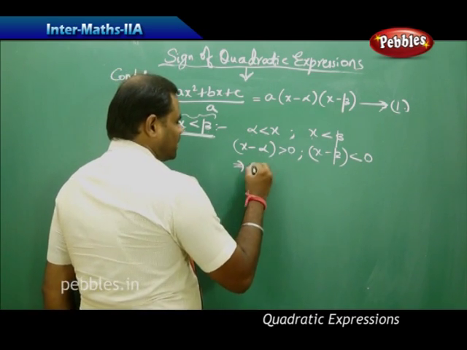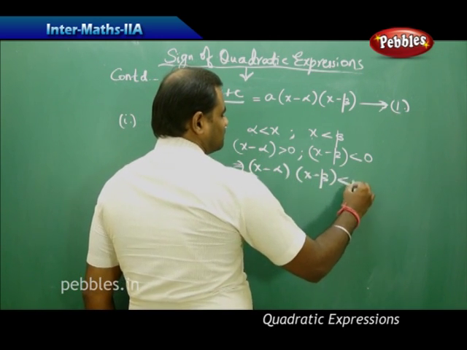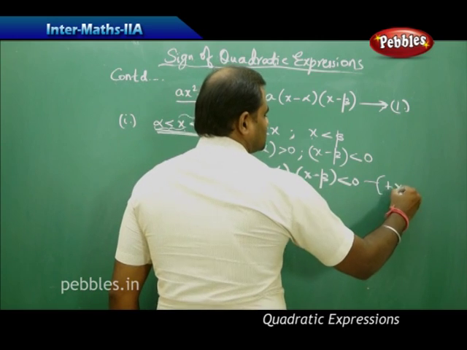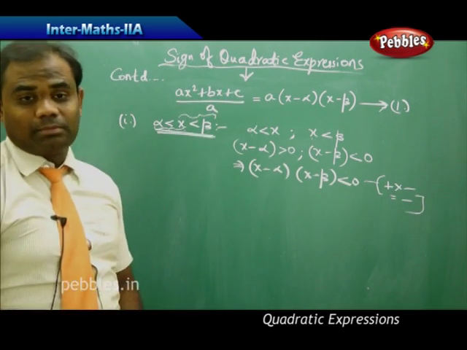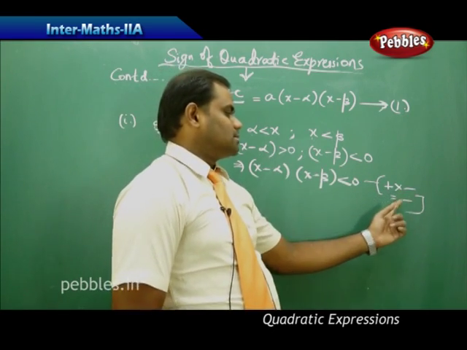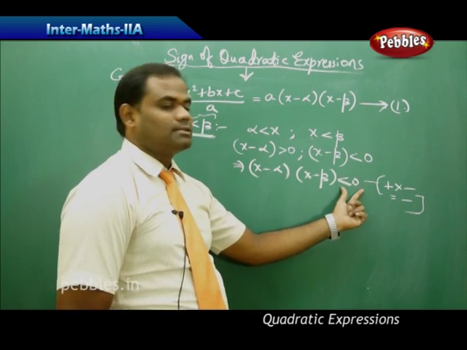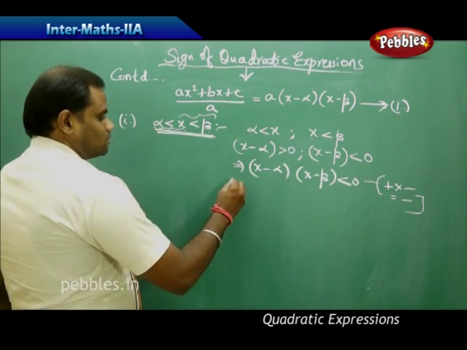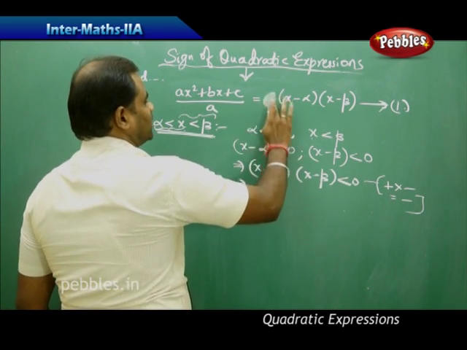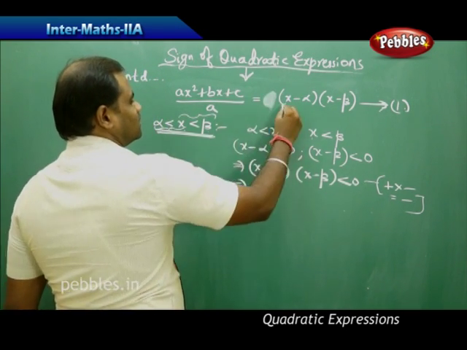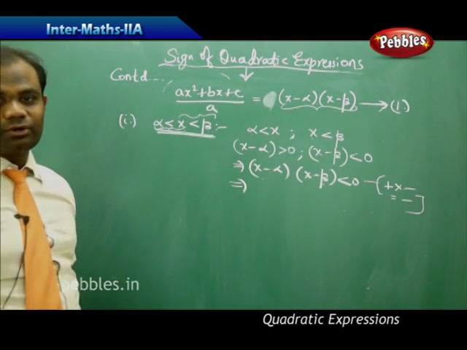Therefore, if I combine them, x minus alpha into x minus beta will be negative, because plus into minus is minus. We all know that property. Plus times minus is minus. So this being negative, we know that x minus alpha into x minus beta is indirectly this whole expression.